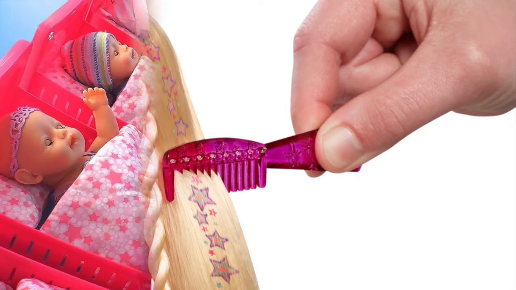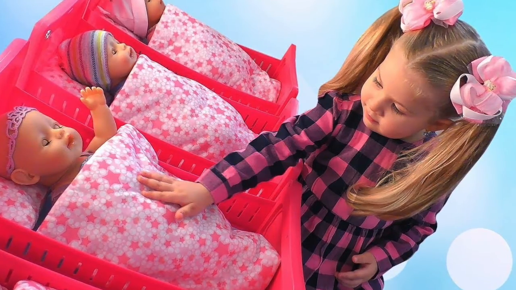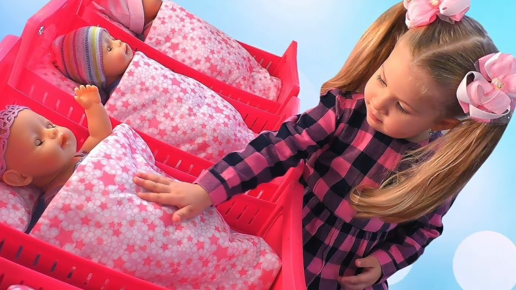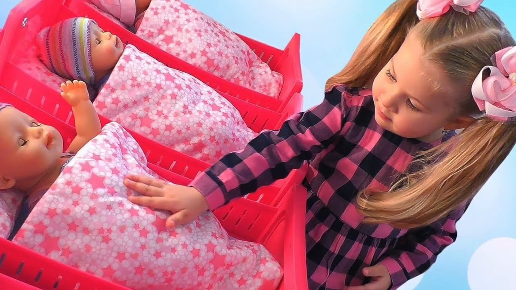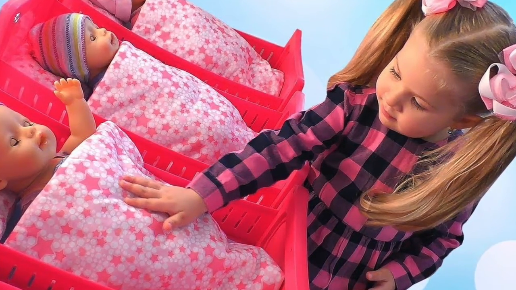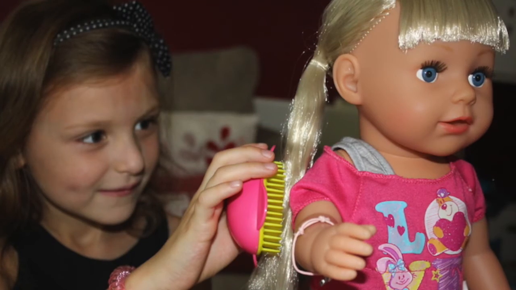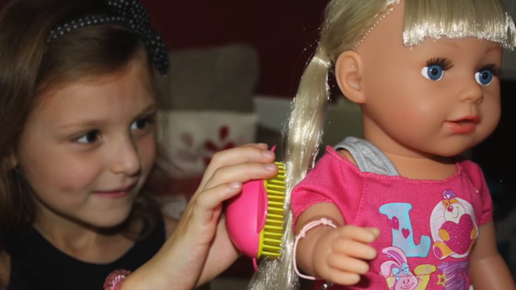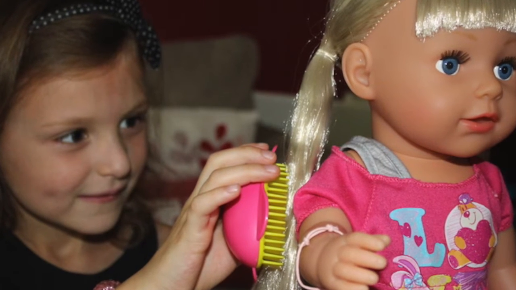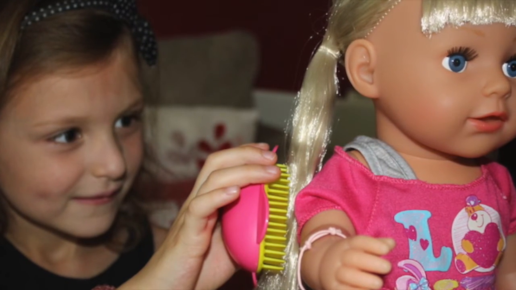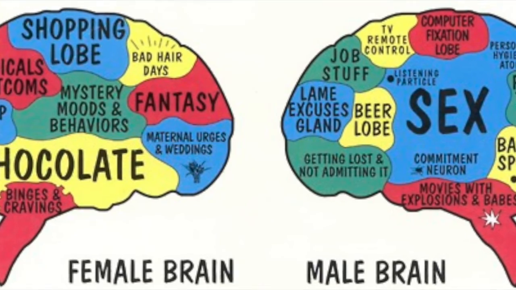It's not just mommy taking care of you. You're the one that's doing the nurturing. You're the one that's doing the taking care of. So it's very, very empowering. That's where nurturing play patterns come from. And the same with hair play. It's about styling the hair, having control over the hair. As a child, you have very little control over anything in your life. Everything is dictated to you.